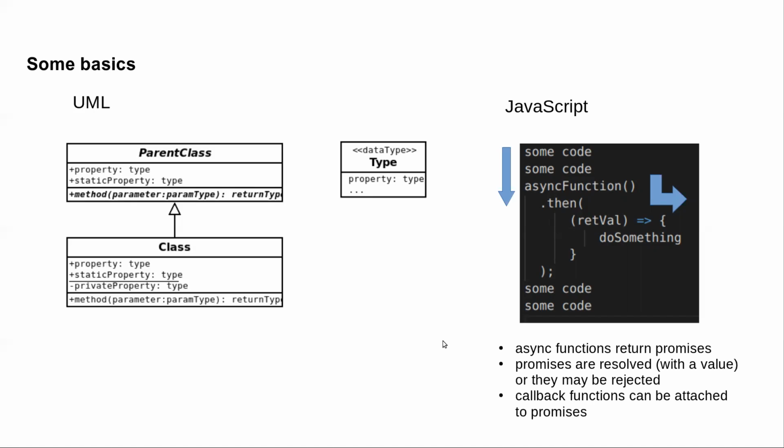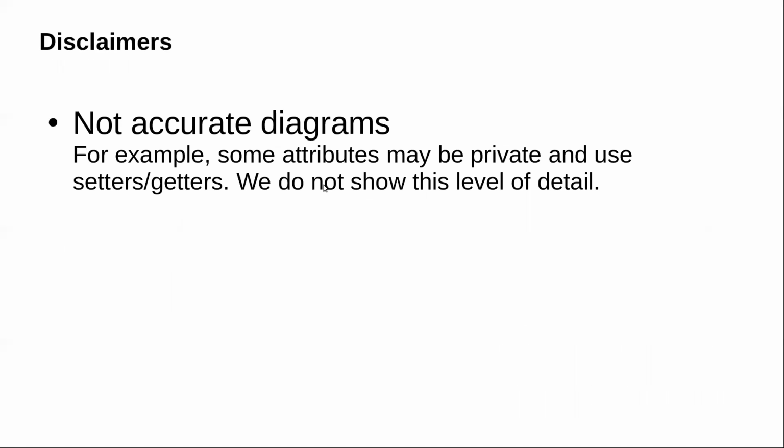Those are the basics, and now some disclaimers before starting with the actual presentation. These diagrams are not 100% accurate, the ones I'm going to show. Let's give just an example.